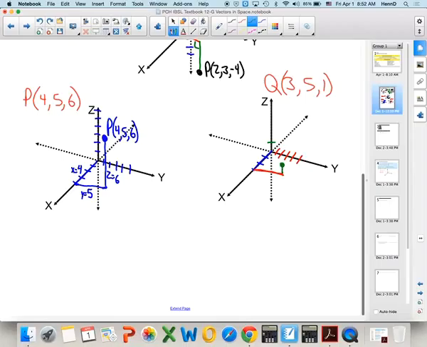Now, these little lines that I'm drawing aren't part of the actual point. They're like Google Maps, the path I'm going to take to get to my point. The point is what we really care about. That's point Q, which is 3, 5, 1. The rest of it is just how we can help ourselves get there. So that's how we graph.